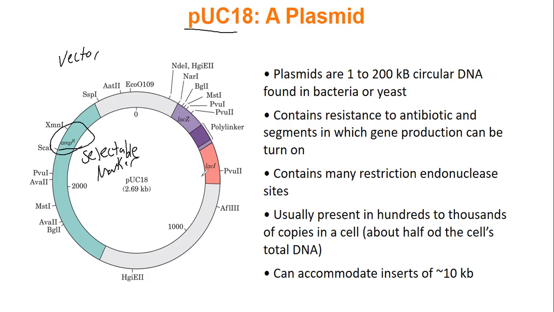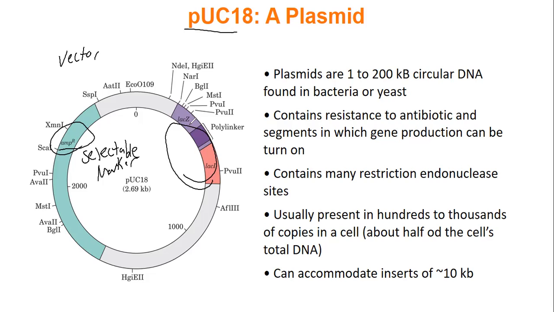We also want gene production. We use the lac system for that. Hopefully you've learned about the lac operon in your biology classes. Basically, the idea here is when you're putting a plasmid into a cell, this plasmid usually contains a protein you want to grow.